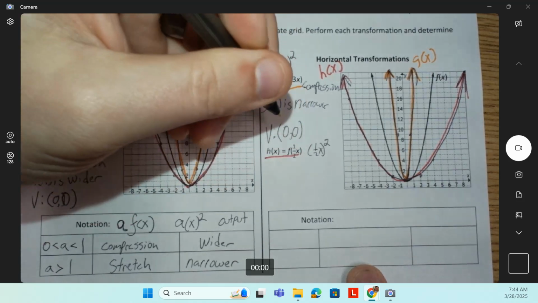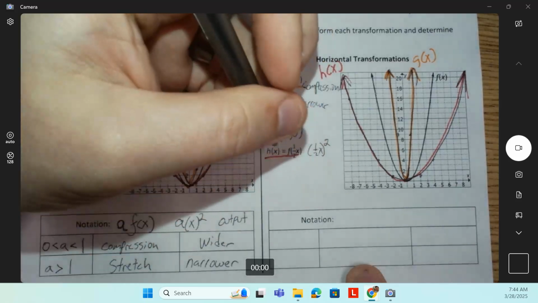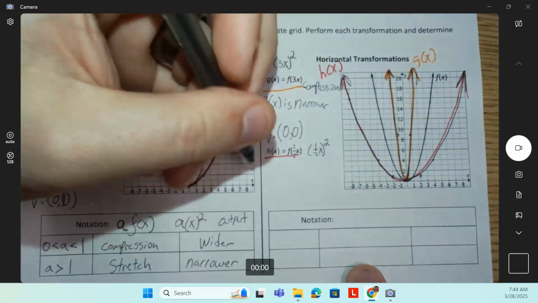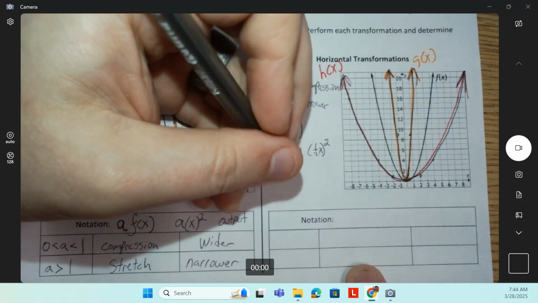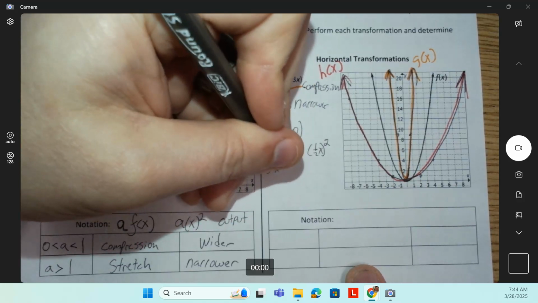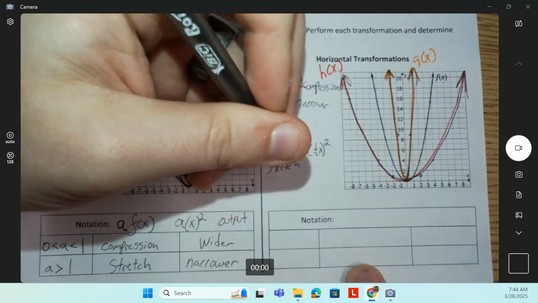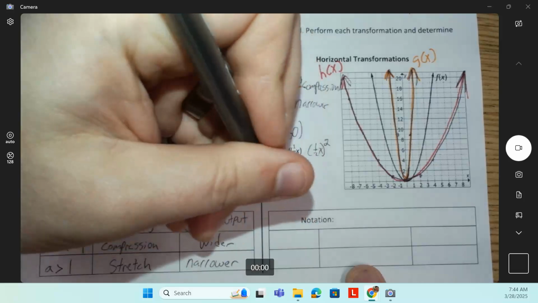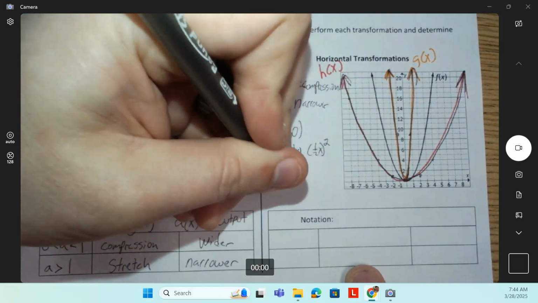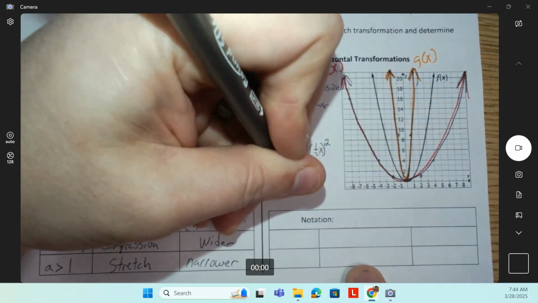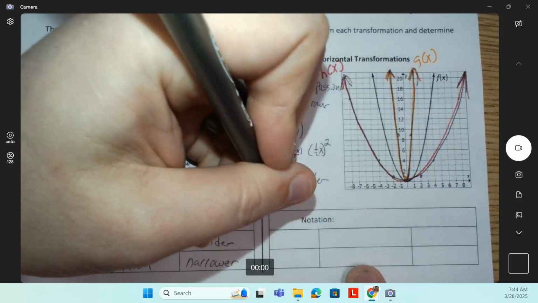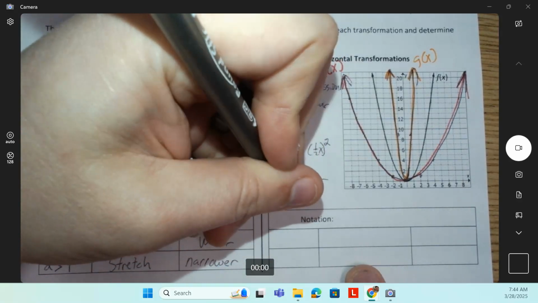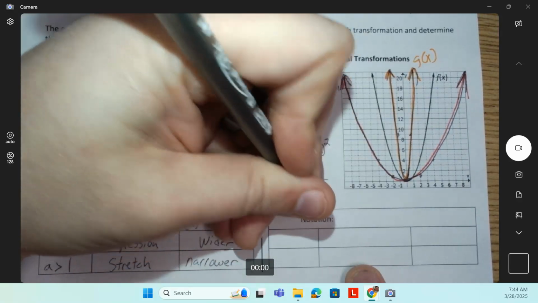You might be noticing a common theme there. And finally, for my 1/2, if it's a fraction, that's going to be a stretch. And h of x is wider, and the vertex is still going to be 0, 0.